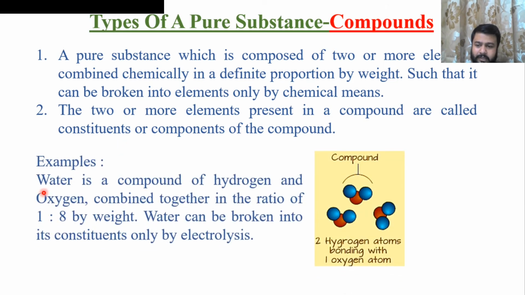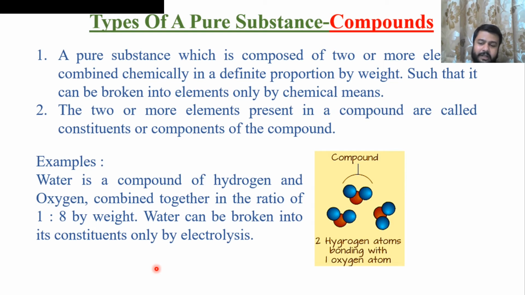Example, we have water. Water is a compound of hydrogen and oxygen combined together in a ratio of 1:8 by weight. Water can be broken into its constituents only with the help of electrolysis, that is, passing of electricity through them.